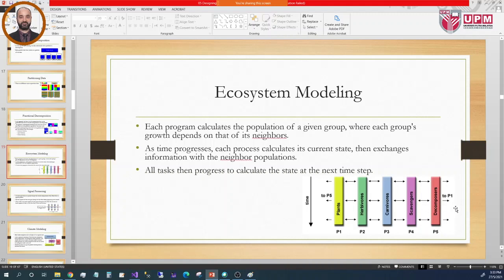Anyway, there are many groups of things here that we want to do some calculation for, and those groups actually need to send their information also to the neighboring group. That's why they have a kind of coupling here.